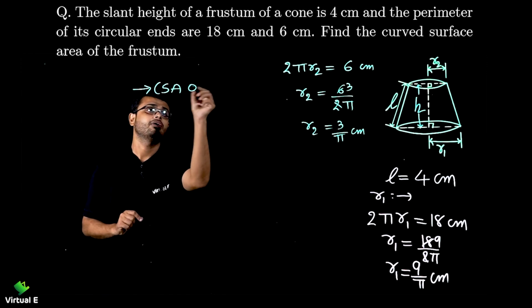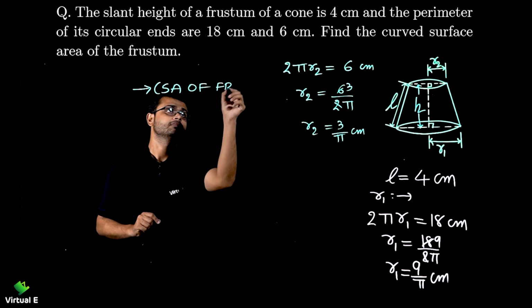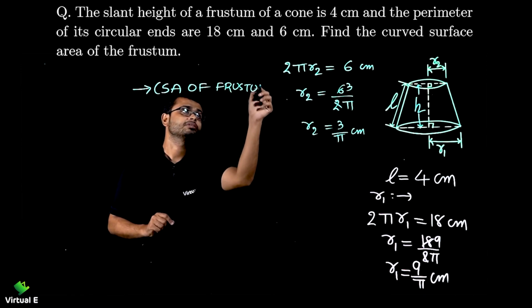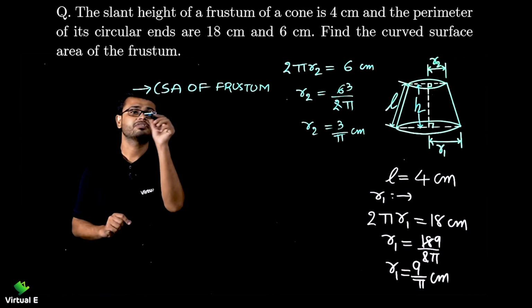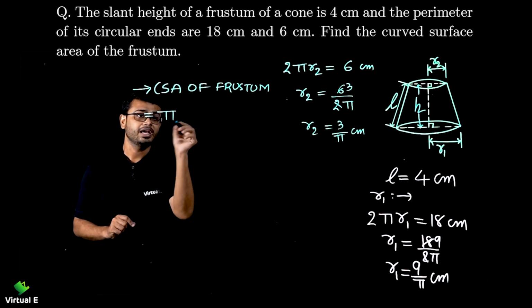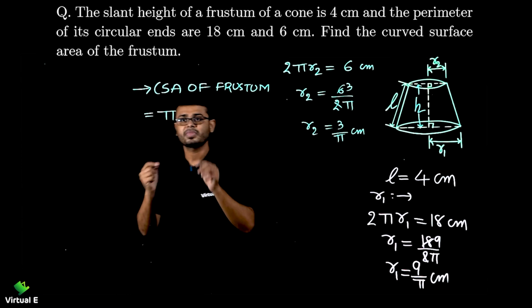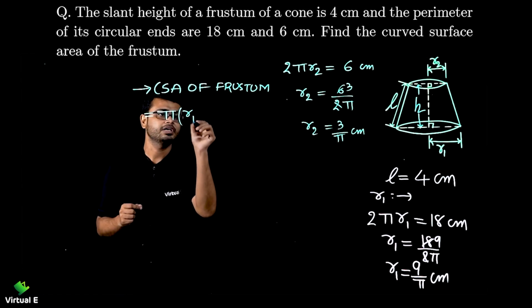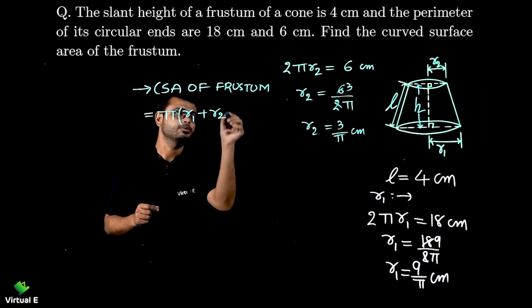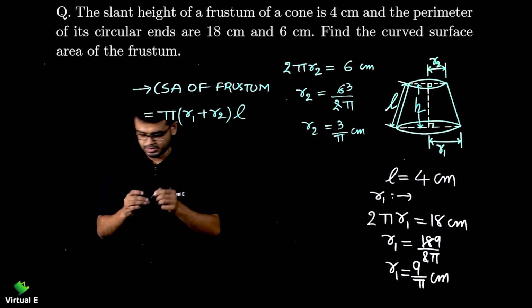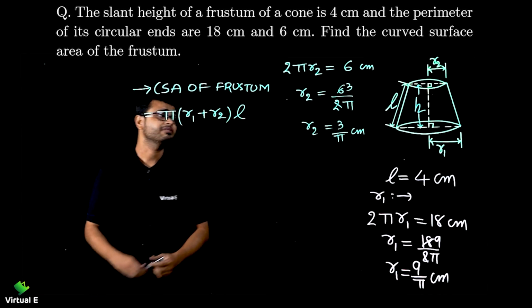So let's start with the CSA of the frustum. What's the formula? That is pi RL, which is for the cone. Now instead of R, I'm going to write R1 plus R2 into L. Remember. Now let's substitute the values.